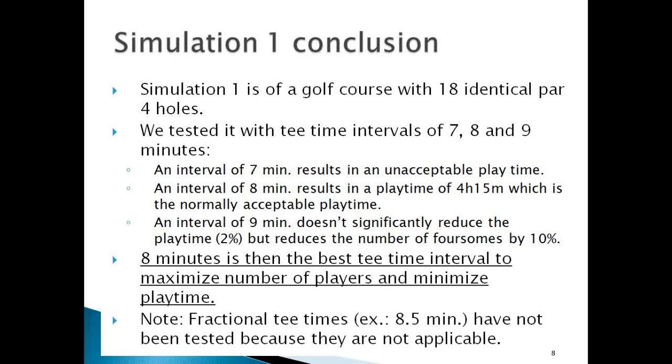So this would indicate that 8 minutes is the best tee time interval to maximize the number of players and minimize the play time. We haven't tested fractional tee times like 8.5 minutes because realistically it's really difficult to apply in real life.